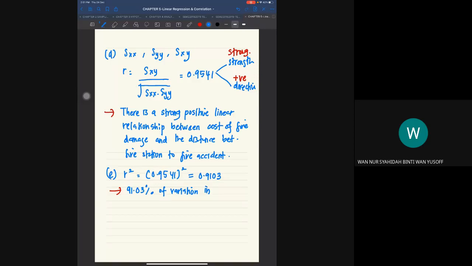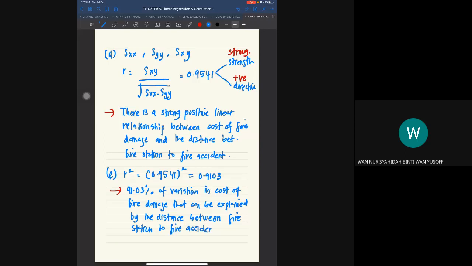So Y, cost of fire damage, that can be explained by your X, the distance between fire station and fire accident.